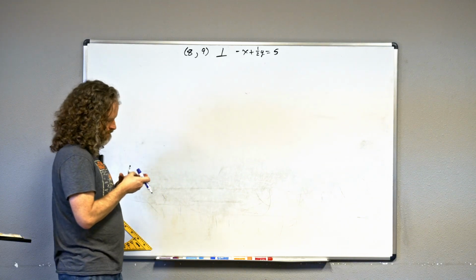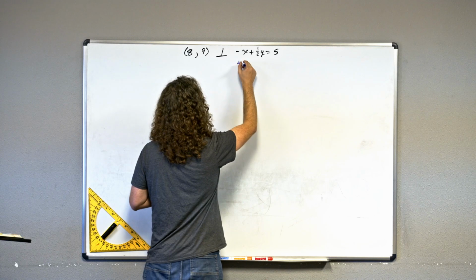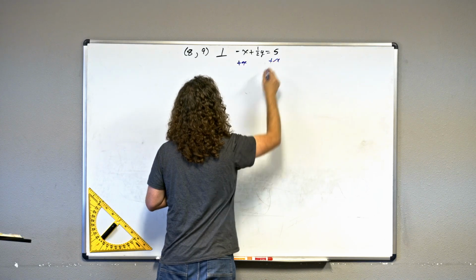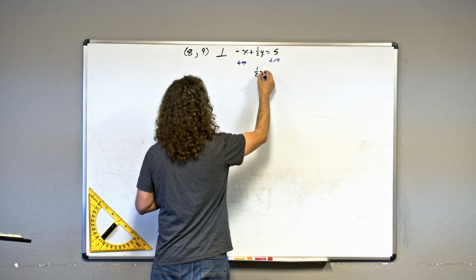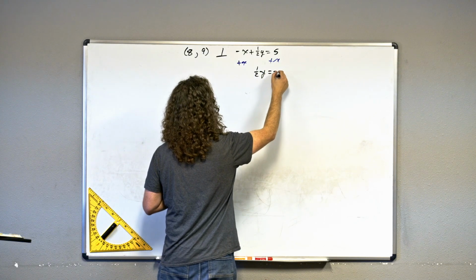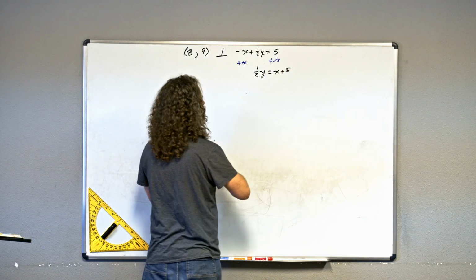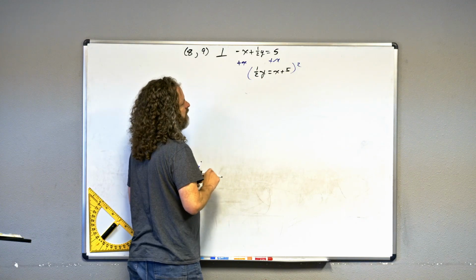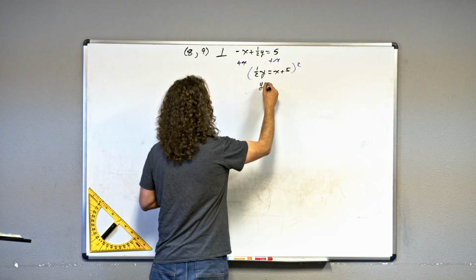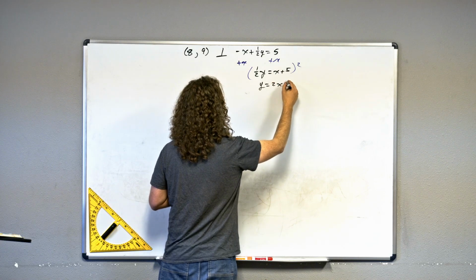Add x to both sides. So then we've got 1/2 y equals x plus 5, and then we multiply everything by 2. So we end up with y equals 2x plus 10.